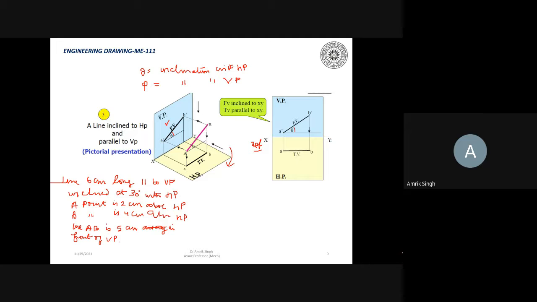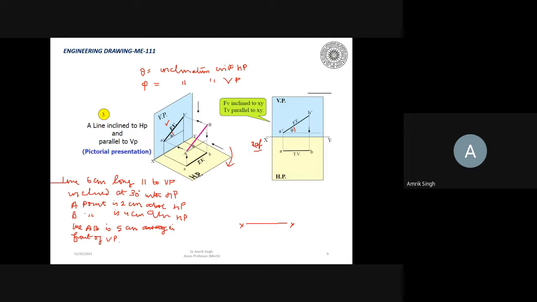So first of all, what we'll do, we will draw a reference line, that is X and Y, of some suitable length. We can draw it 8 centimeter or 5 centimeter depending on the case. Okay. So now it says the line is 6 centimeter long, parallel to VP and inclined at an angle 30 degree. But where to draw?